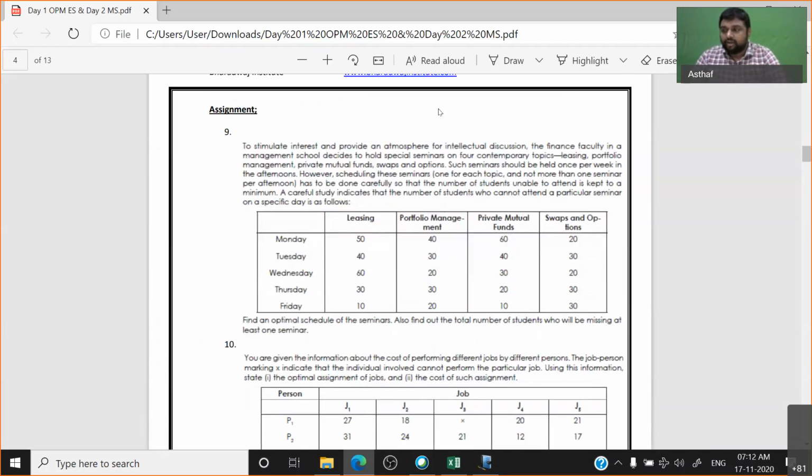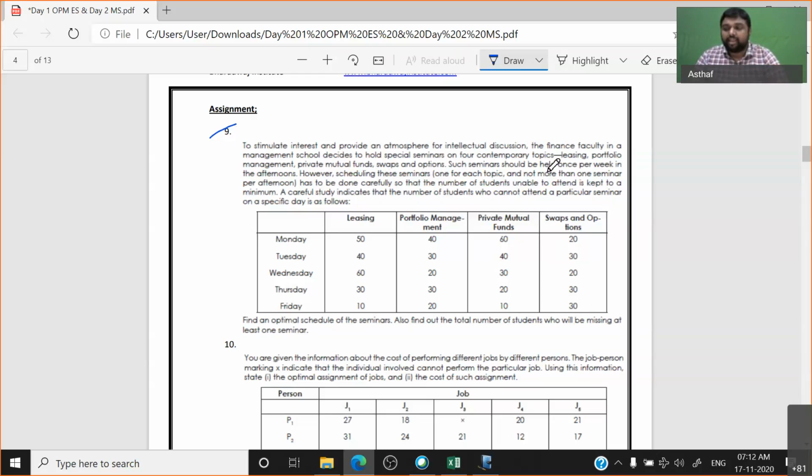Yes. So now we will start with question number 9. What is this question? To stimulate interest and provide an atmosphere for intellectual discussion, the finance faculty in a management school decided to hold a special seminar on 4 contemporary topics: leasing, portfolio, private mutual fund, swaps and options.